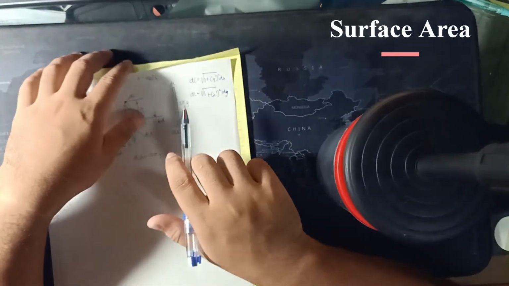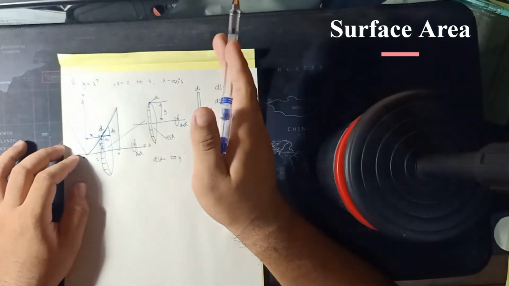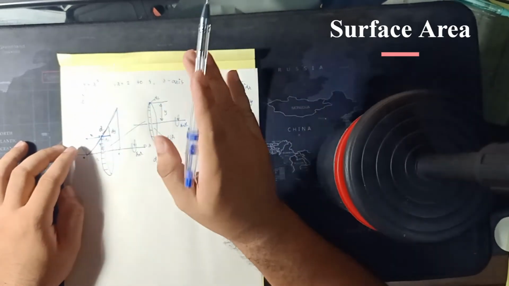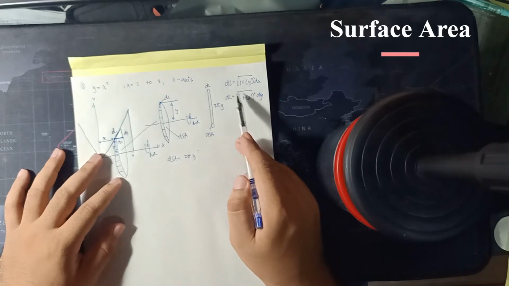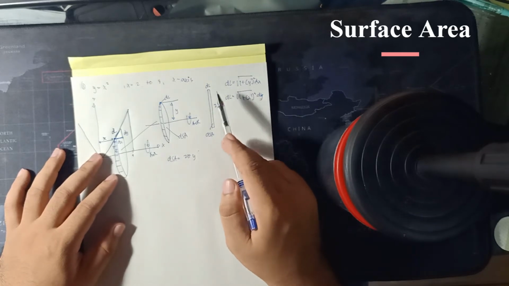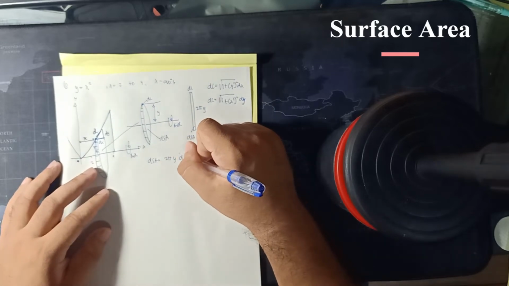Don't forget, as I said earlier, your topics are connected to each other until you reach centroids. So this is from the length of the curve from the previous topic. So this would be your dL.